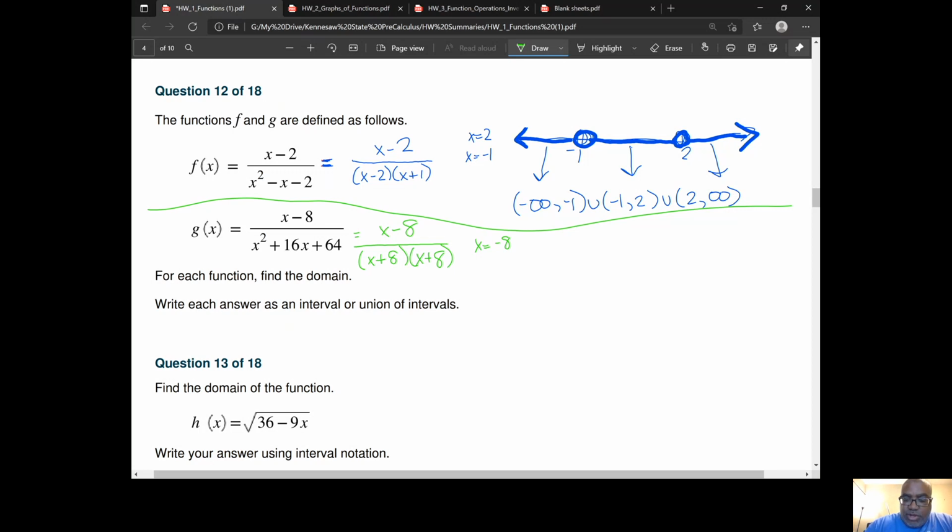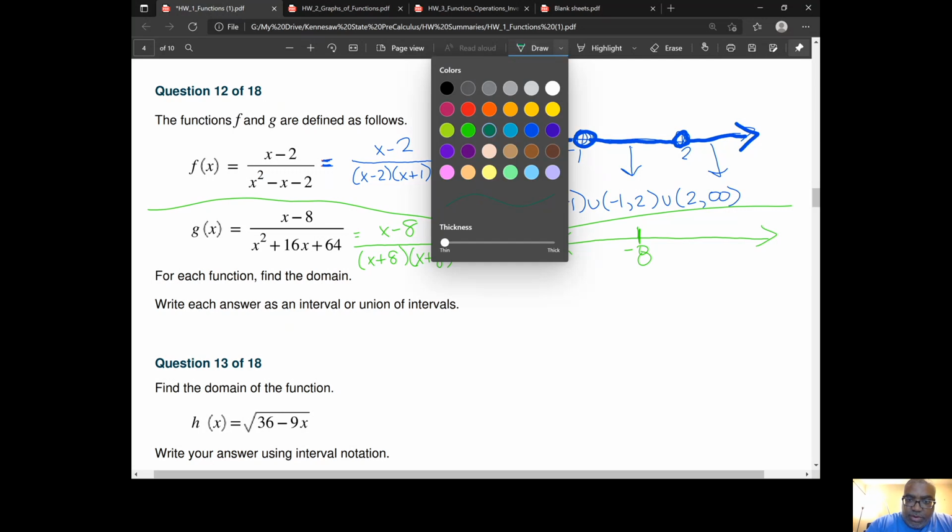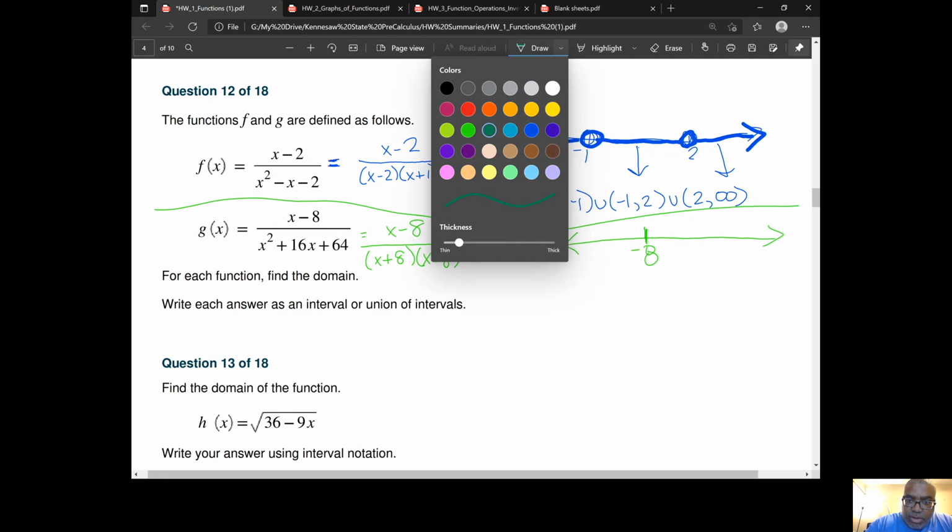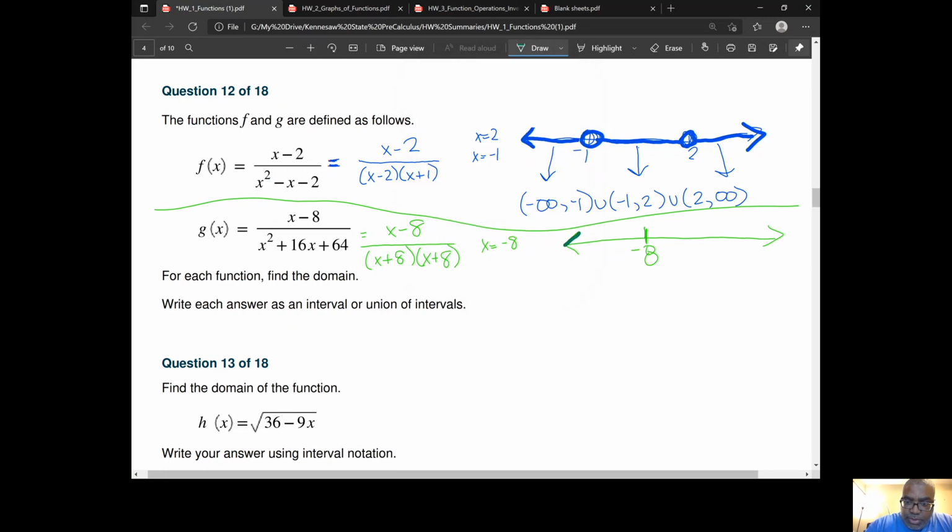Okay, so I won't draw the number line this time. Actually, I won't be lazy. I'll just draw the number line this time. Negative 8. So let's do a darker color, and let's make it bigger. So negative infinity.